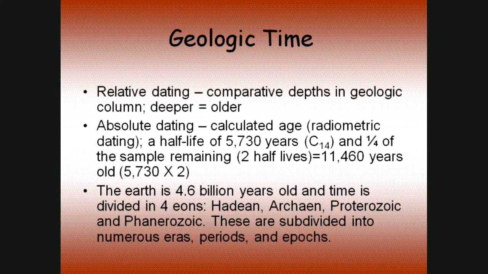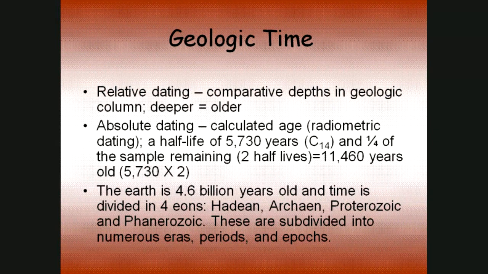Okay, what are rocks for? One of the things we use rocks for is we have used them to establish what we call geologic time, a scale of time that sets out what the Earth has been like as it has aged since its formation. And there's a couple different ways we measure geologic time. One is called relative dating, and that's basically just comparative dating.